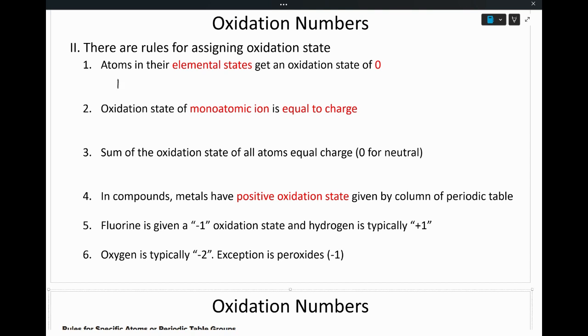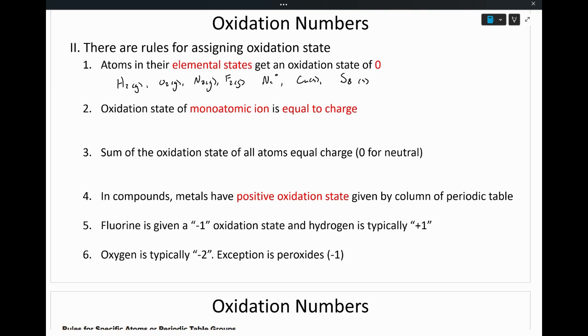So if you have H2 gas, O2 gas, N2 gas, any of those diatomics, like F2 gas, as well as sodium in its metallic state, or copper in its metallic state, or even the elemental form of sulfur, S8, all of these have an oxidation state of 0 because they're the elements existing by themselves. There's no polar bond, so we don't have to worry about that unequal electron sharing.